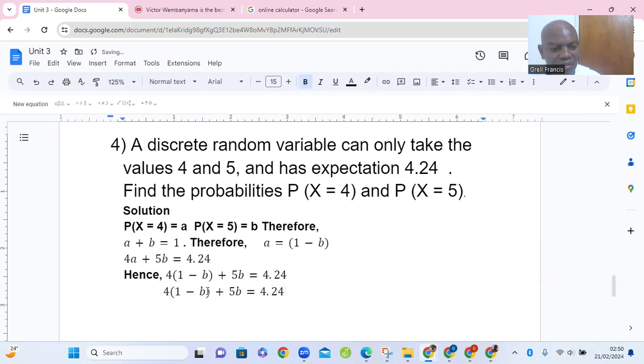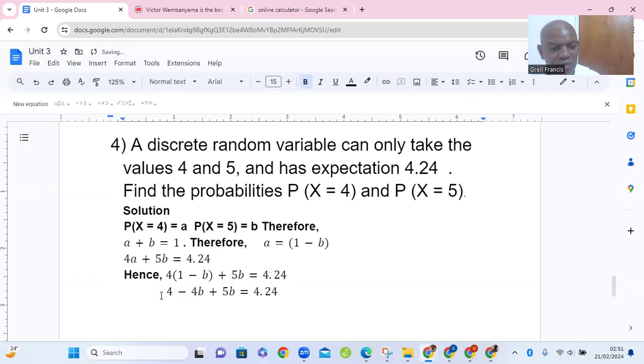So 4 times 1 minus B, that will give you 4. 4 times 1 is 4. 4 times minus B is minus 4B. Plus 5B is equal to 4.24.